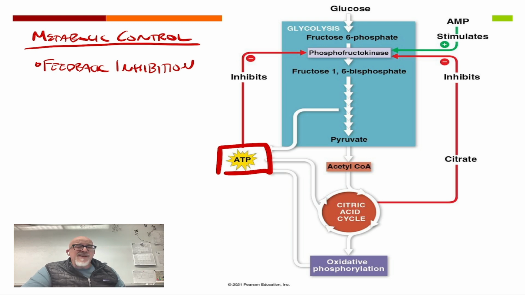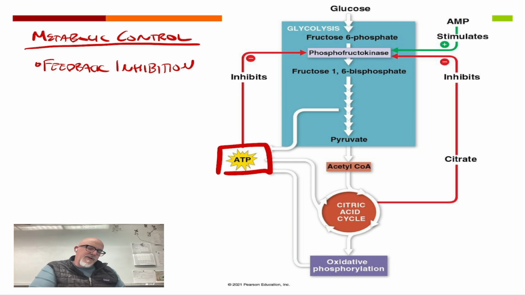In other words, if you have a ton of ATP, your body's not going to waste energy breaking down more to make more if you're not using what you already have. So the production of ATP and having excess will inhibit an enzyme called phosphofructokinase, which is one of the enzymes in the 10 steps of glycolysis. Again, don't go crazy here, but it'll inhibit that, which will stop it from breaking down to make pyruvates, which will slow down the process.